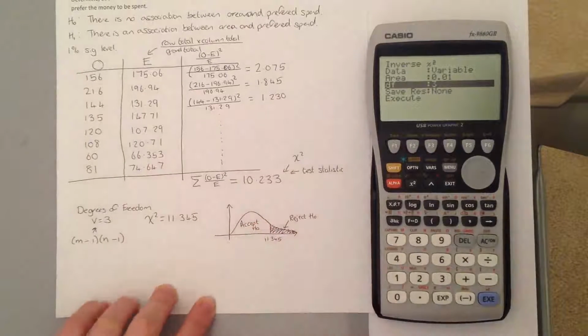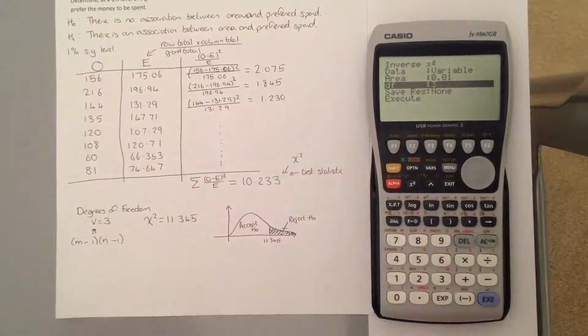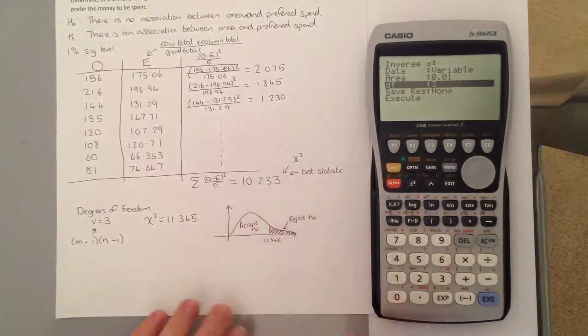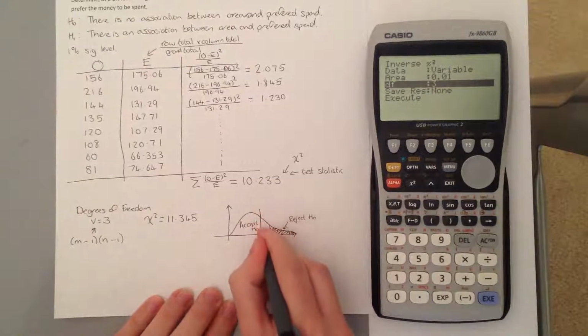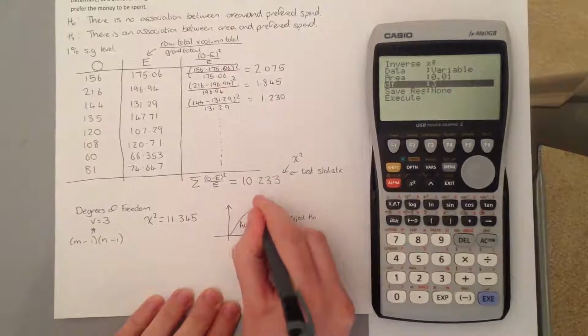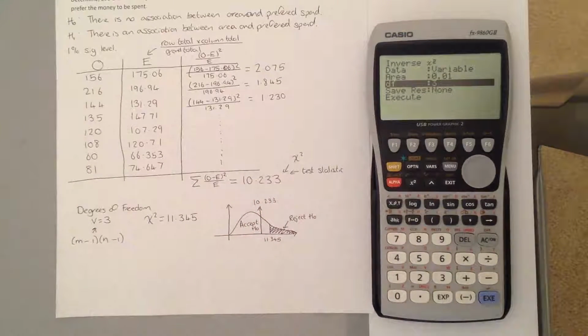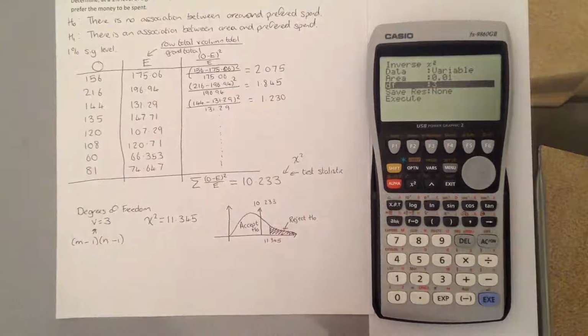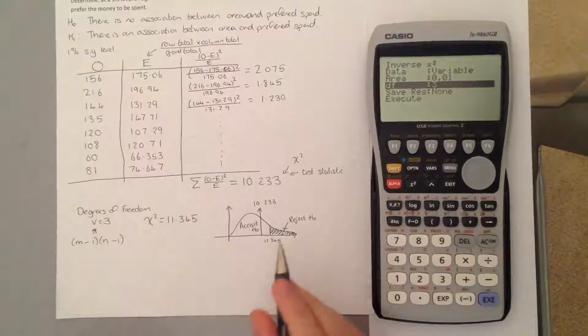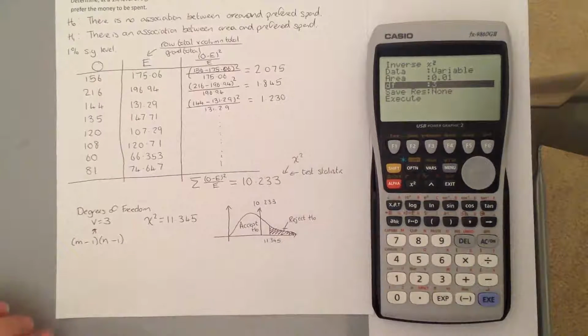I then want to draw my test statistic onto this diagram as well, so 10.233, so that would be around, say, here somewhere. And I can clearly see then that because 10.233 is in the accept region, we are going to accept H0. We'll do that whenever it ends up in that region.